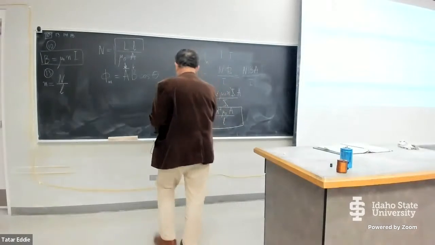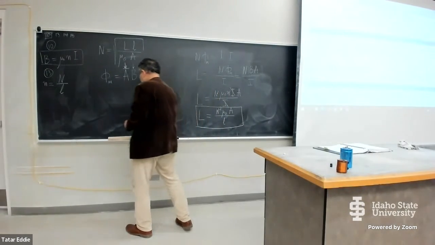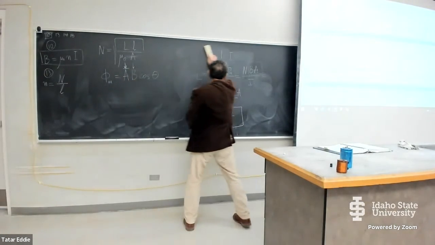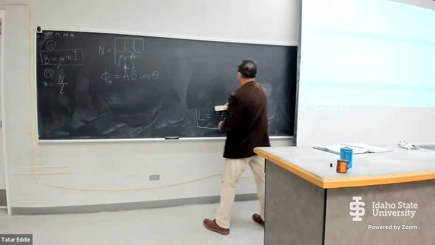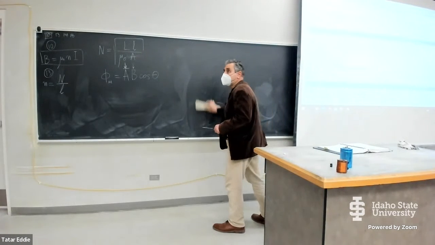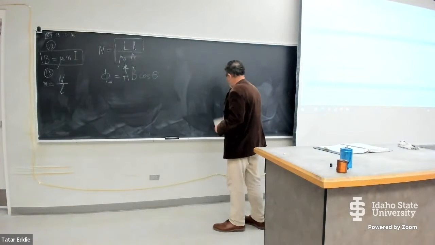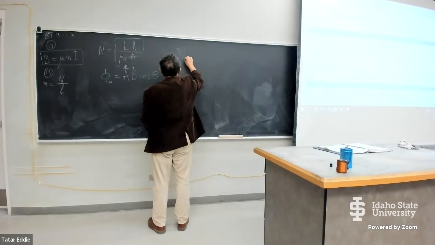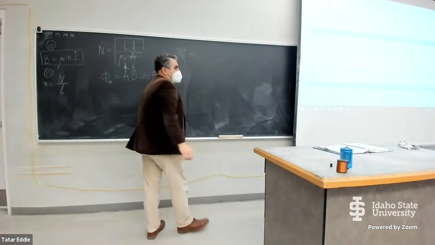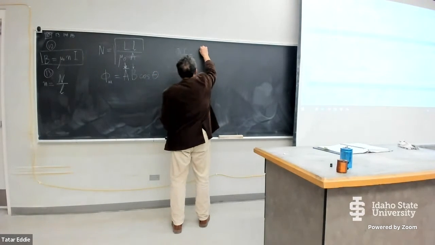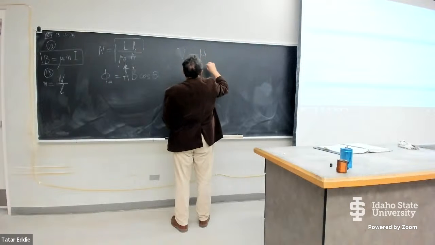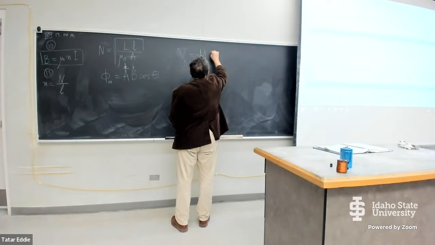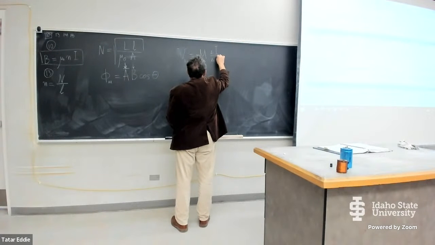So look, we proved that the induced voltage in the secondary coil is equal to the coefficient of mutual inductance, well, there is a minus sign, times the rate of change of current in the primary coil.